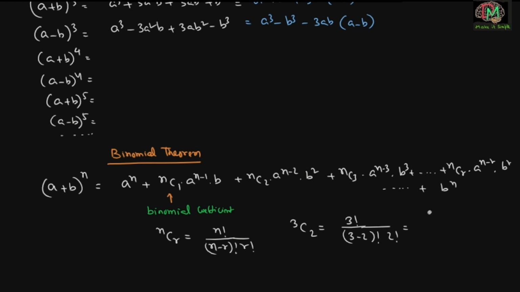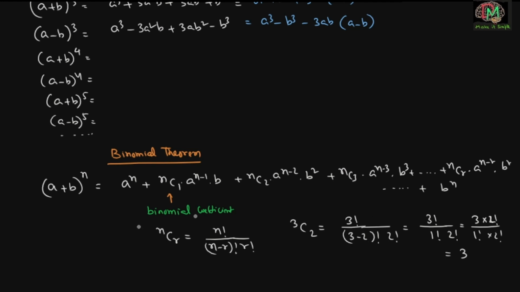Further we can simplify: 3 − 2 is 1, so 1!, and here 2!. The numerator we can write as 3 × 2!, and the denominator is 1! × 2!. So the 2! cancels out and 3 remains. So the 3C2 value is 3.